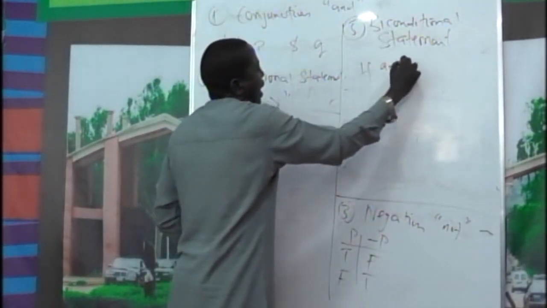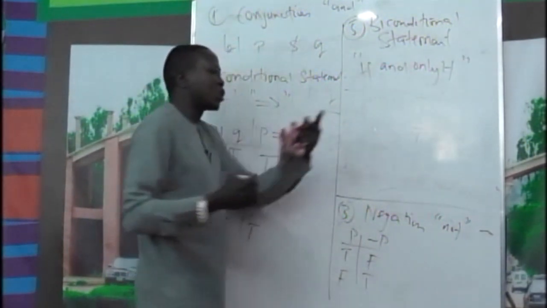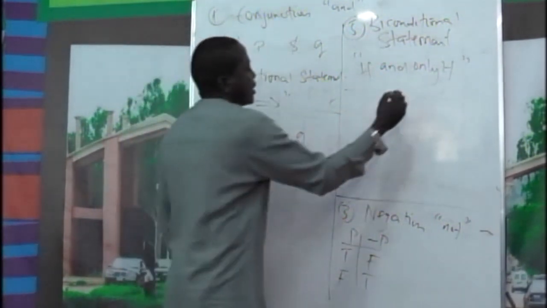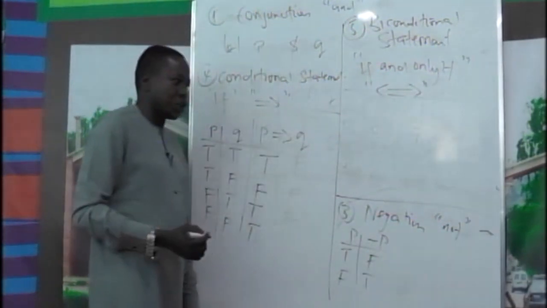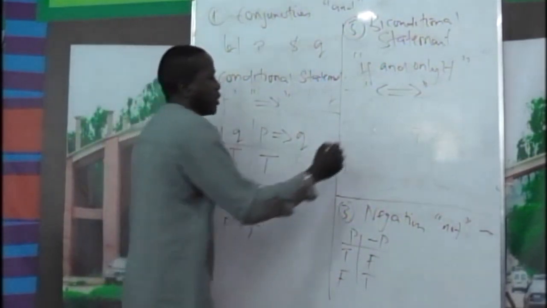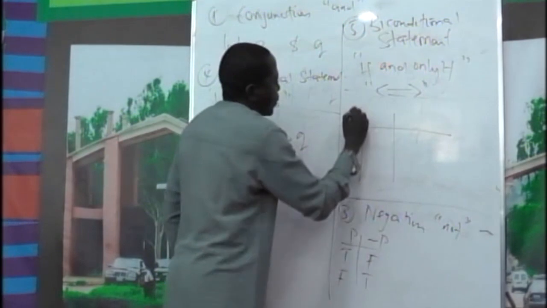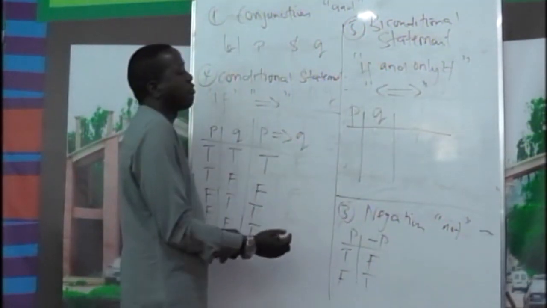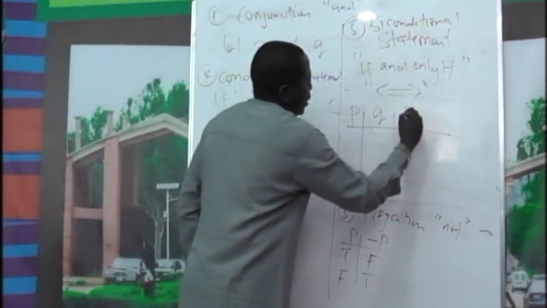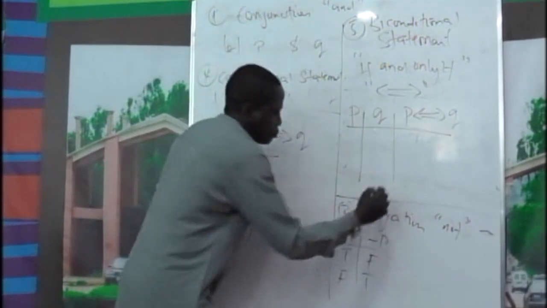If and only if. It goes front and comes back. This is the symbol. Biconditional. Let's take an example as we did for the rest. We have P, our statement, and we have Q, our statement. We are to find P if and only if Q.